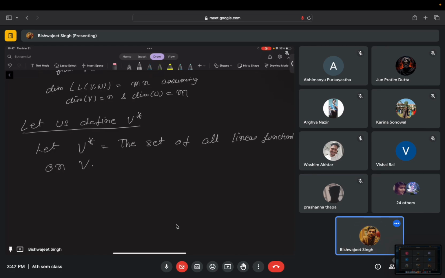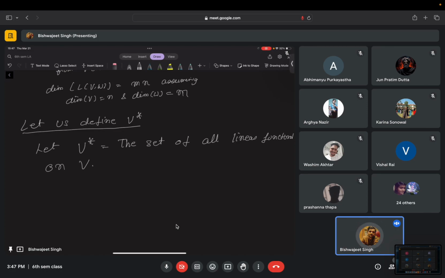Now, similar to L of V, W, where we took all the possible linear transformations from V over F to W over F, for this case we gave it a different name, V star.